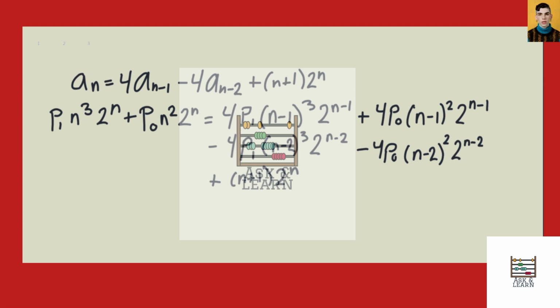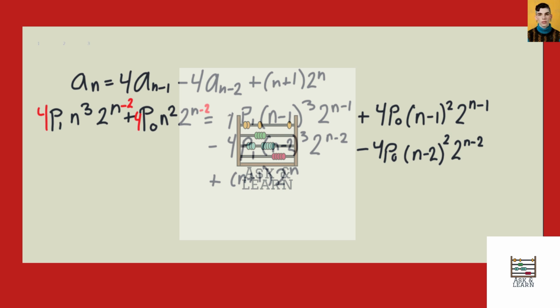Okay, so we can actually pull some of the 2's out. What we'll end up doing is getting 4 times p1 times n cubed times 2 to the power of n-2, so we pulled a 4 out. We'll do the same thing here, so plus 4 times p naught n squared times 2 to the power of n-2.